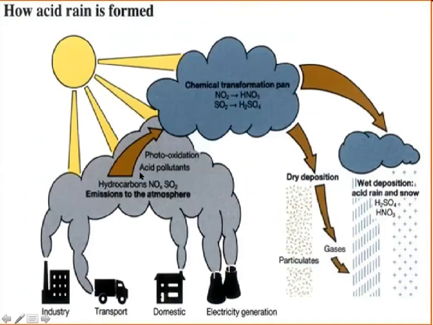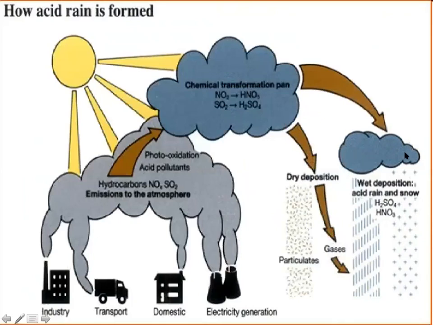All of these produce different types of noxious gases: hydrocarbons, nitrogen oxides, and sulfur dioxides. These sources emit these noxious gases into the atmosphere. Then they transform nitric oxides into nitric acid and sulfur oxides into sulfuric acid, and then they fall onto the ground in two types of acid rain.